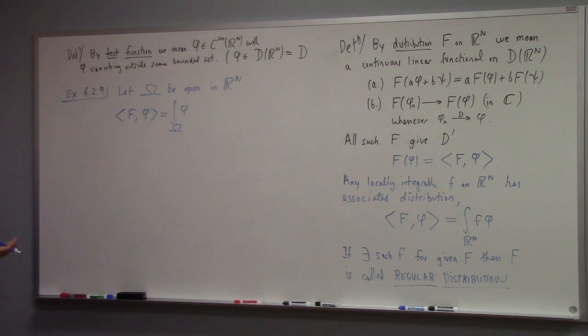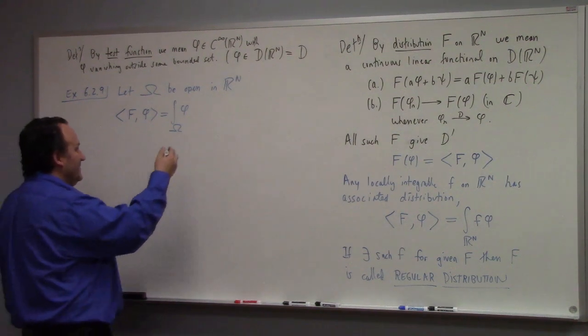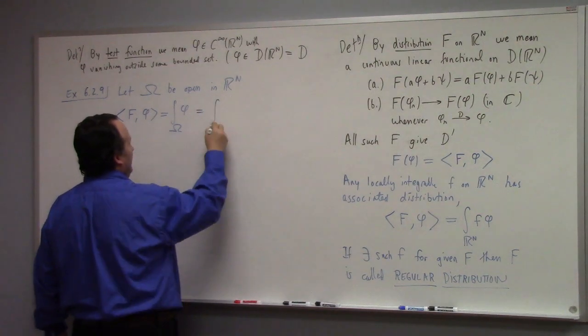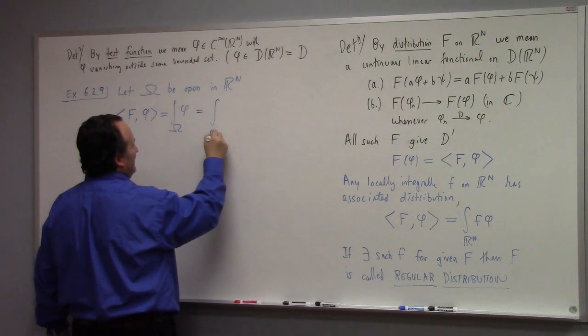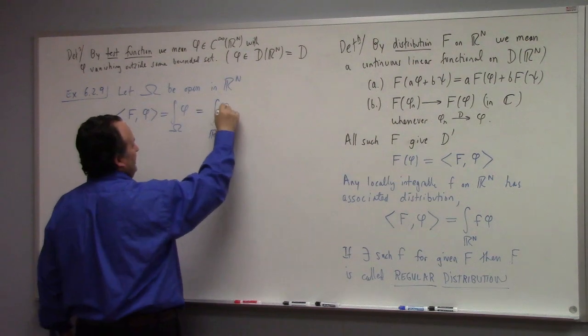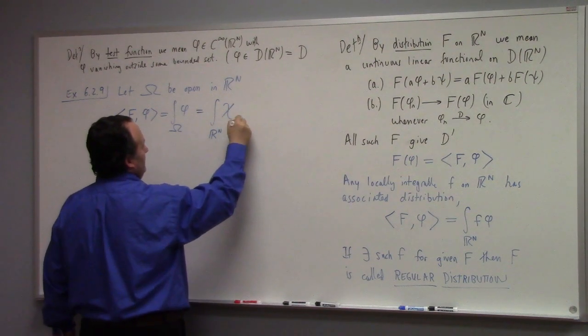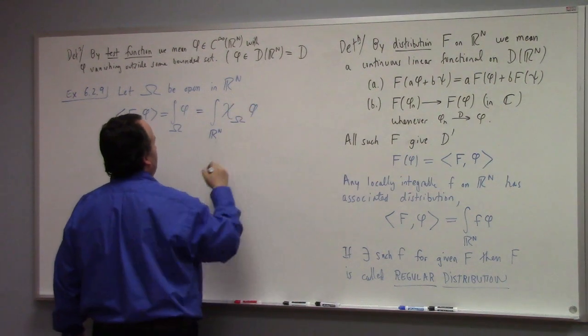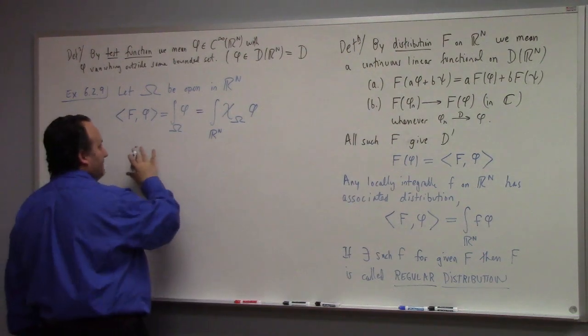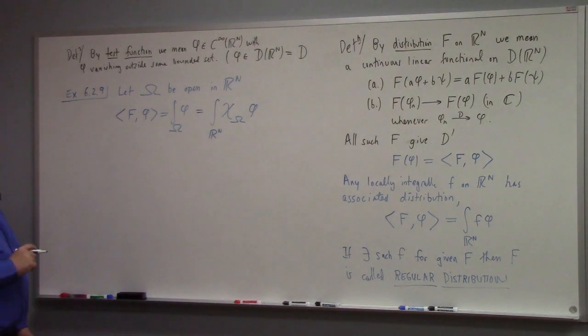It's also a regular distribution because, by the definition, this is the integral over Rn of the characteristic function of omega times phi. So therefore, it is a regular distribution.